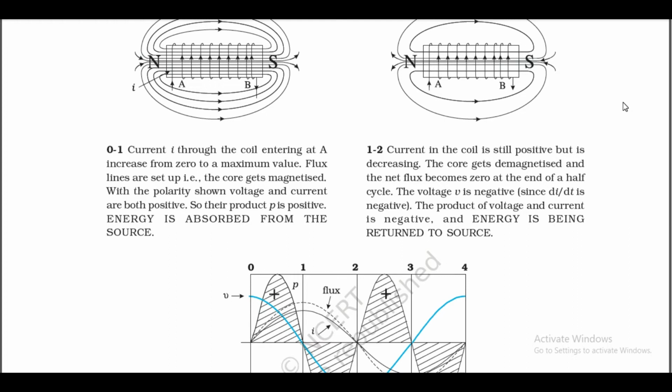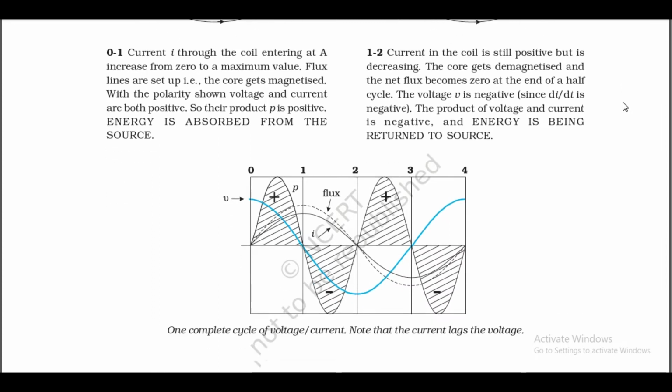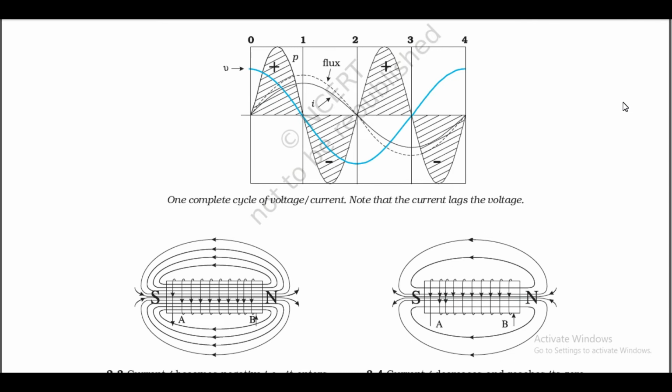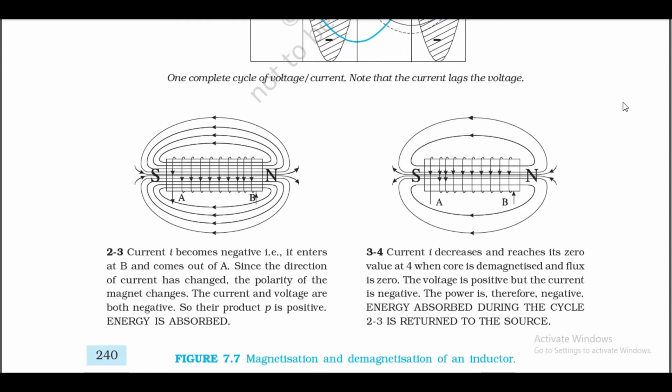Current in the coil is still positive but is decreasing. The core gets demagnetized and the net flux becomes 0 at the end of a half cycle. The voltage v is negative since di/dt is negative. The product of voltage and current is negative and energy is being returned to the source. One complete cycle of voltage and current. Note that the current lags the voltage.